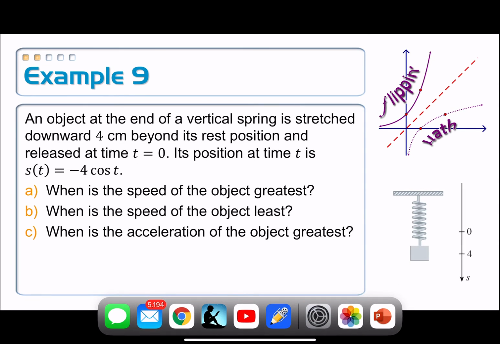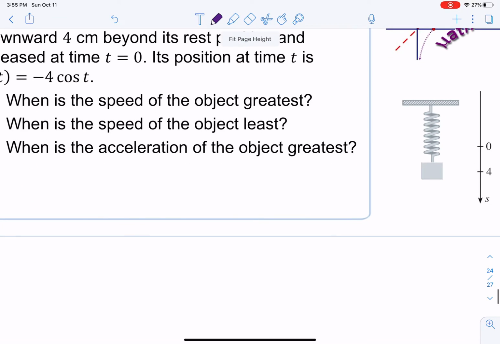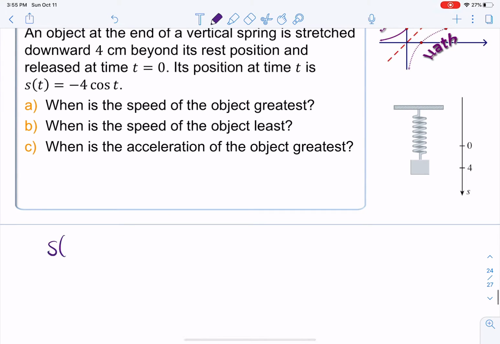All right, let's take some derivatives, shall we? Oh, you just got some spoilers there, some graphs. Okay, so we're back to purple. s of t equals negative 4 cosine t. We want to take its derivative in order to find the velocity function.